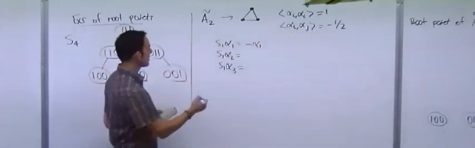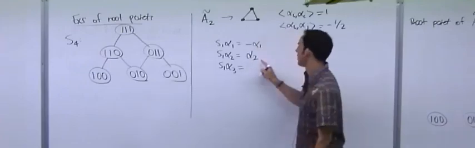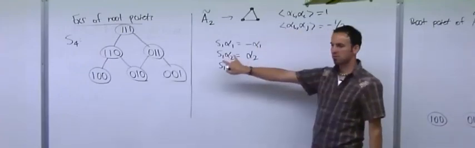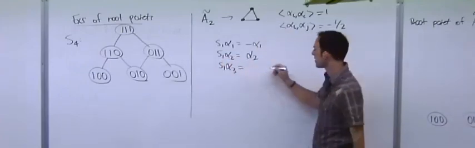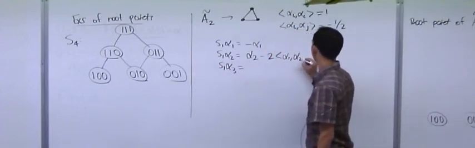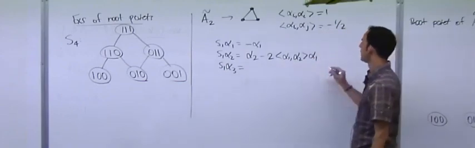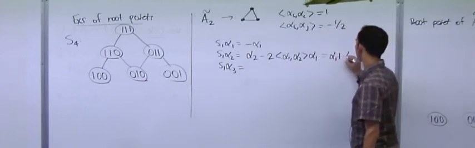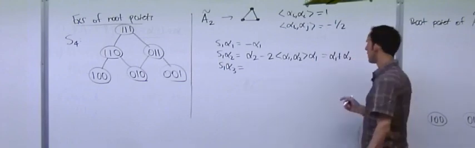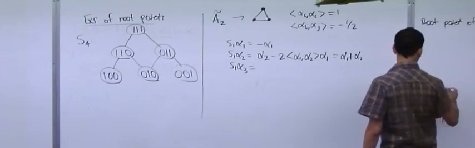What is S1 alpha 2? Well, it's basically alpha 2 minus 2 times the inner product of alpha 1 and alpha 2 times alpha 1. This is minus a half. So what we get is alpha 1 plus alpha 2. And this is positive, and so this should be above this guy right here.